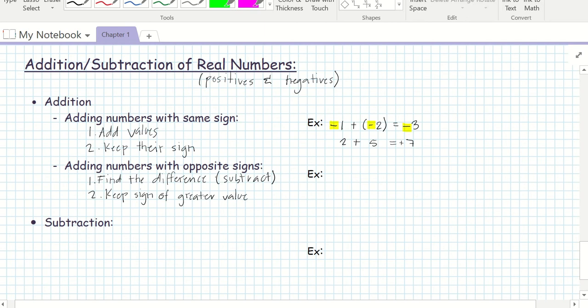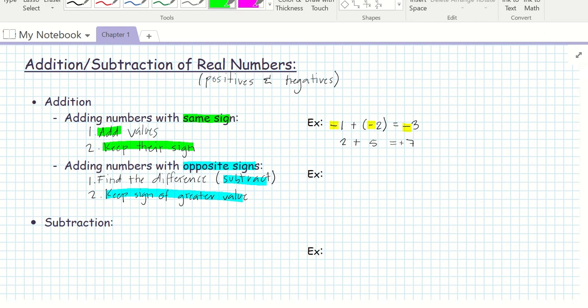So you're finding the difference, that means you're subtracting the smaller value from the biggest one, and then we keep the sign of the greater value. So if we have opposite signs, we subtract and keep the sign of the greater value. If we have the same sign, we add and keep the sign of both.